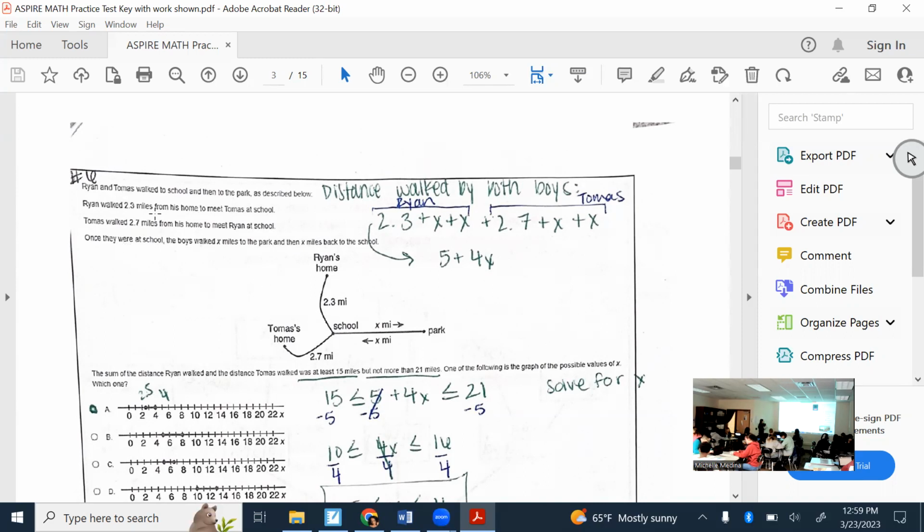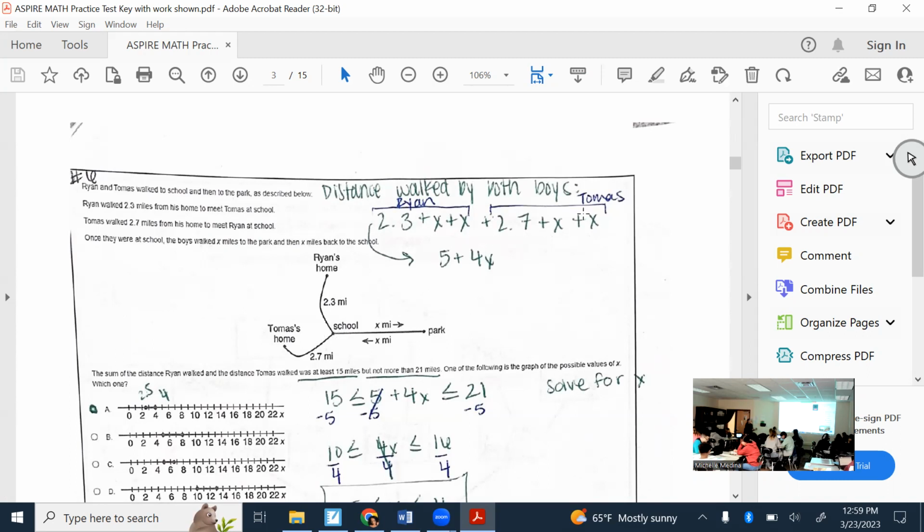Let me reread this. They walked to the school, they walked X miles to the park, and then X miles back to the school. So that's why it's there twice. And then Tomas walked 2.7 miles to the school, then again to the park and back. So that's why it's there twice.